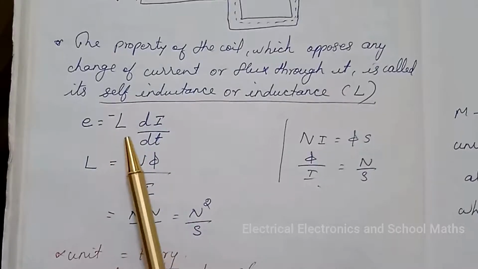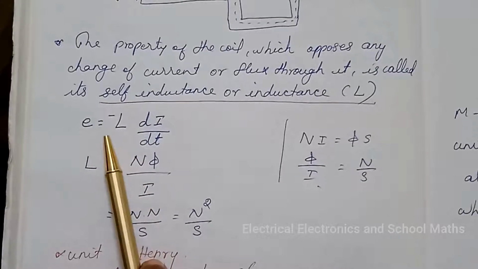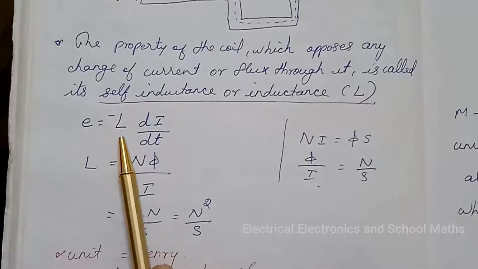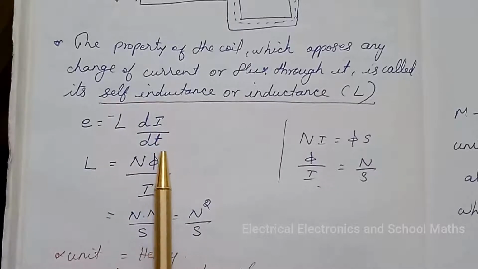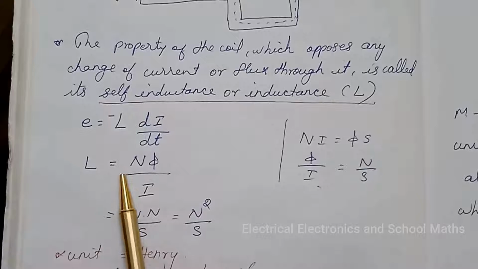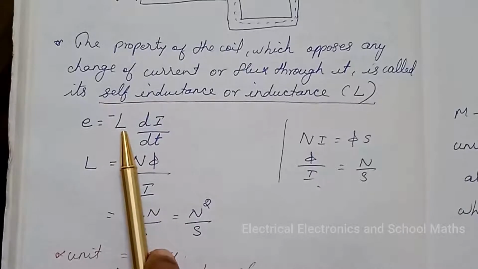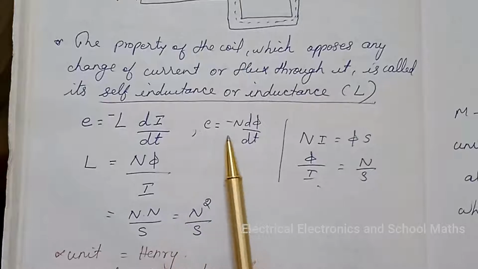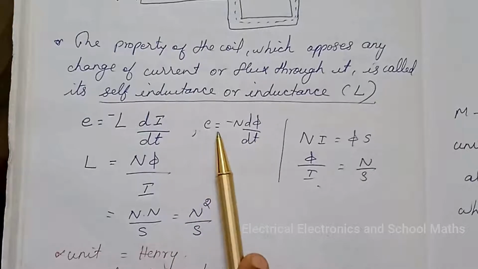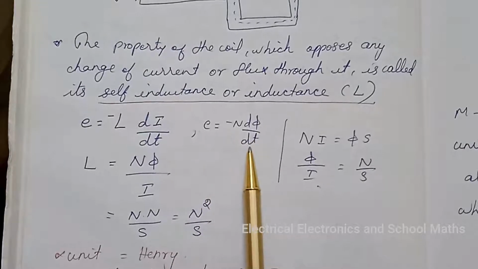The magnitude of self-induced EMF is given by E is equal to minus L into di by dt, where L is the self-inductance or simply inductance. Also, we know that induced EMF is equal to minus N into d phi by dt.